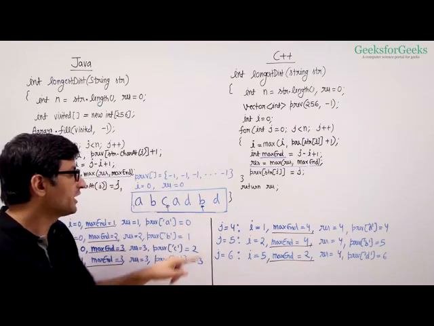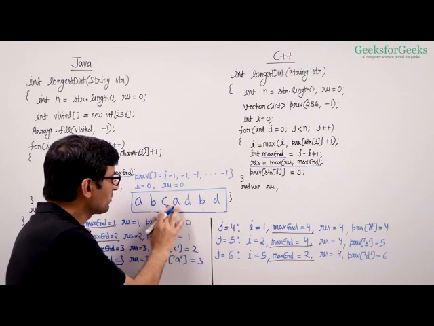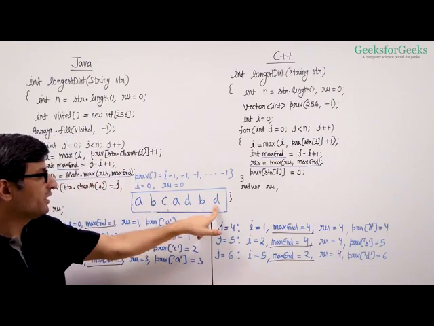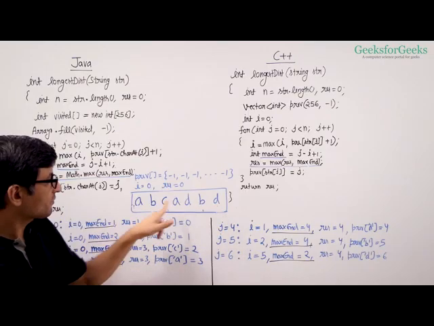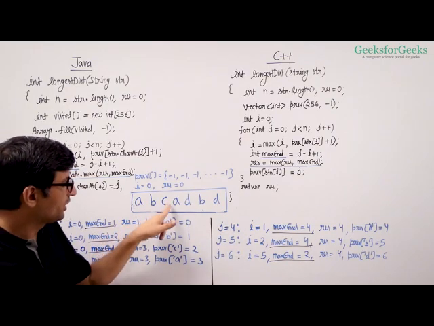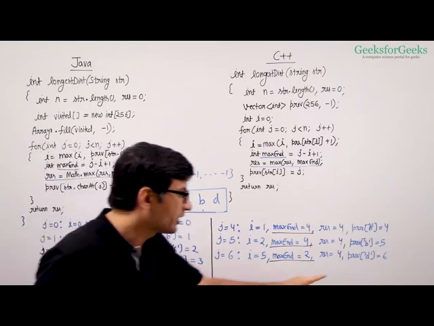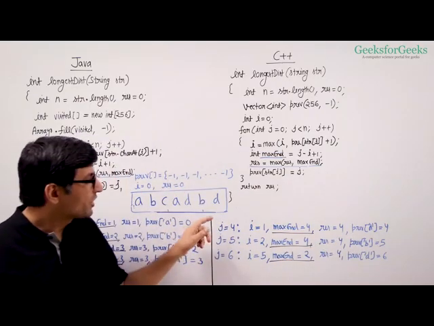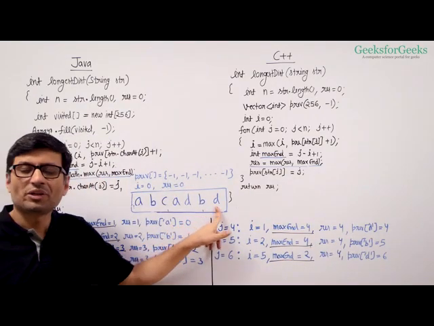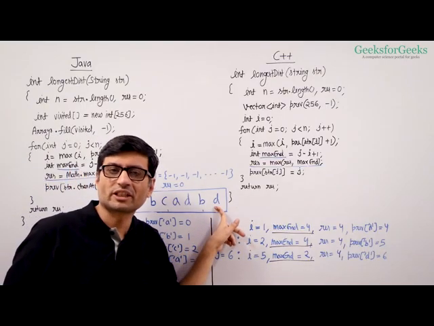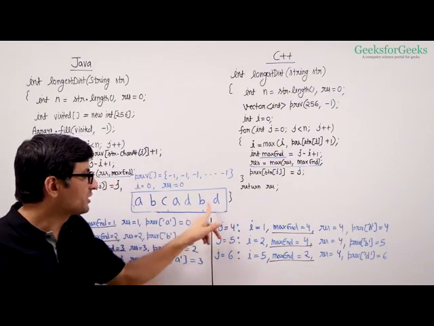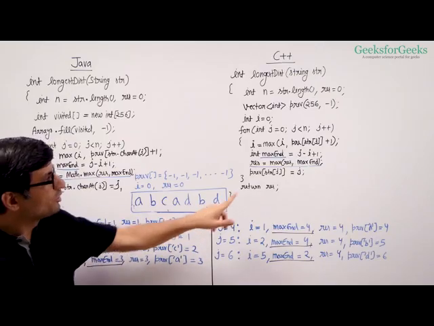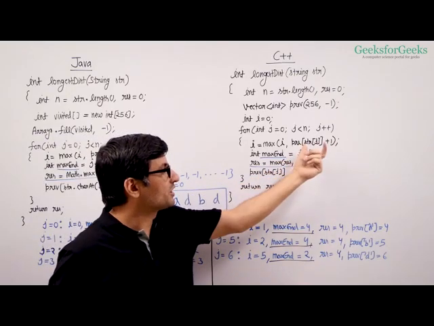Now we come to this index, and for this index, we compute the previous of D. Previous of D is 0, 1, 2, 3, 4, 5. We have already computed it here. Now we come to the last index, and we compute the previous of this character D, and we get the previous of D as 4. So we use previous of D plus 1, which is 5.